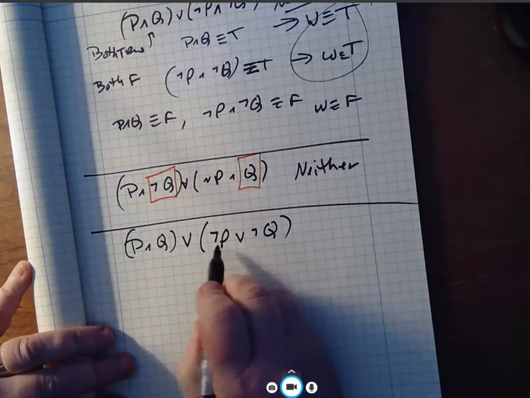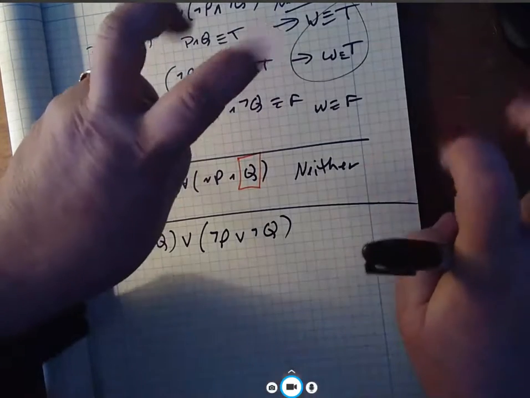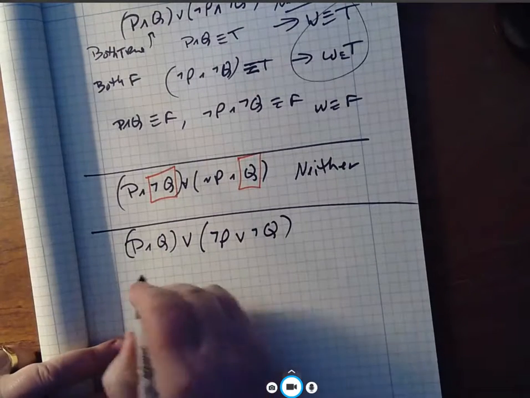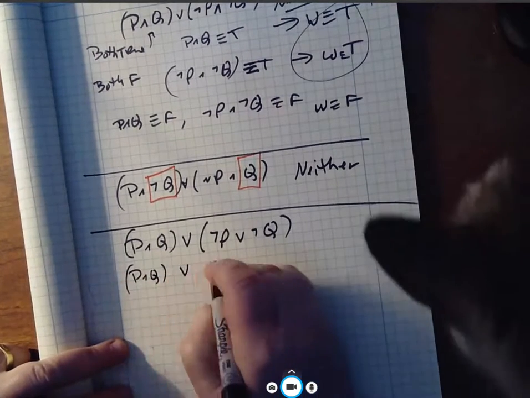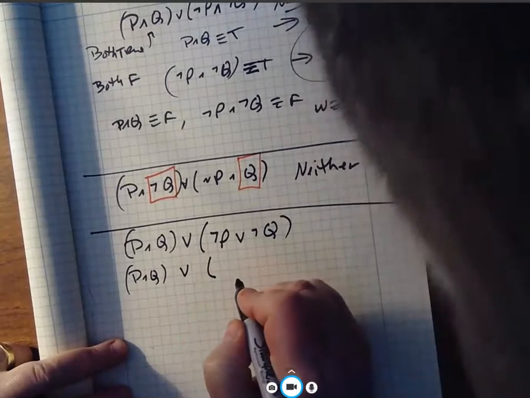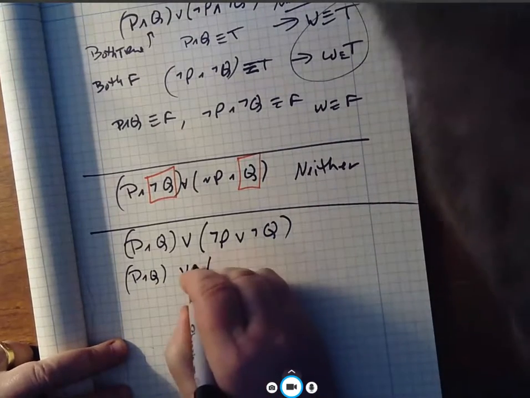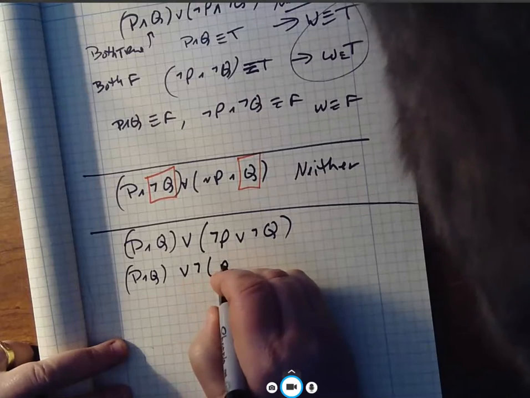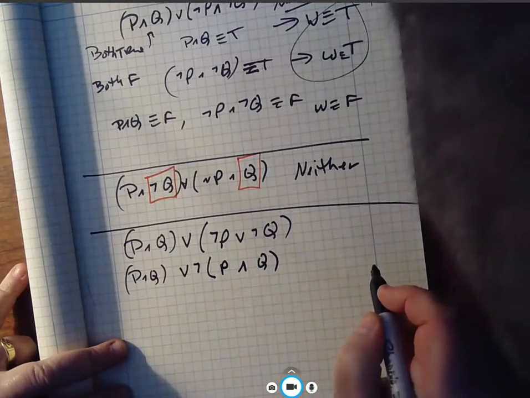I notice that both of these have nots in them, so I'm going to factor out the not. So we have P and Q, or if I factor this not out, I will then have a P and Q. So notice what we have here.